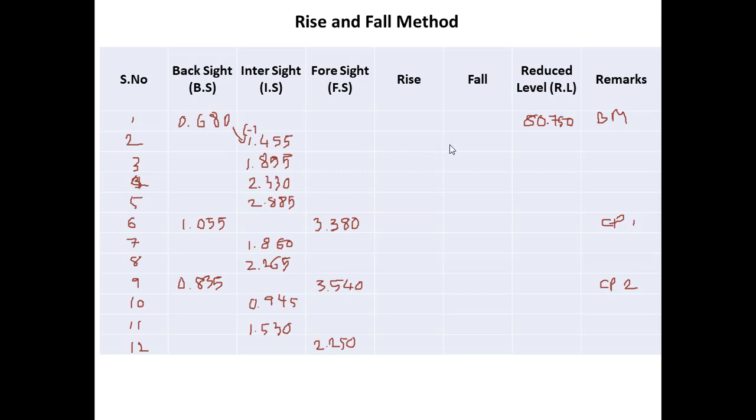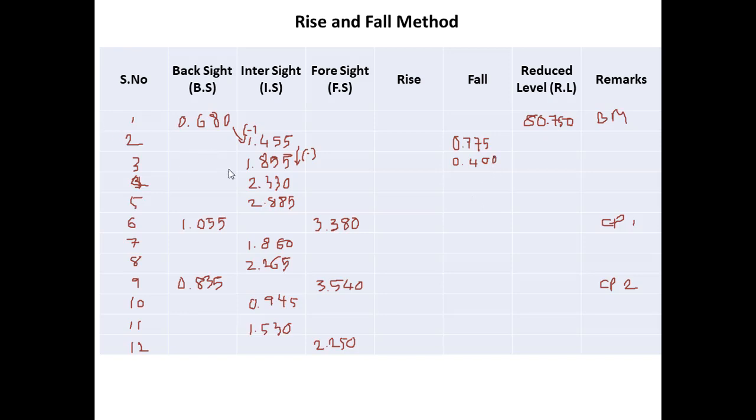So minus 0.775 we are going to write in fall. Then next, 1.455 minus 1.855, I am getting minus 0.4, so that reading is also minus, so I am going to write it in fall.